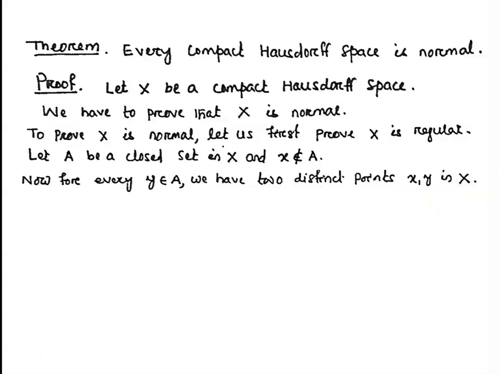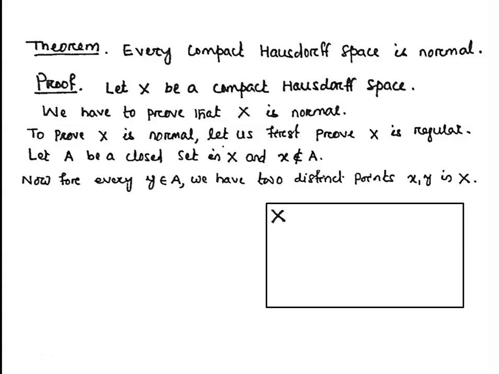So let us use the Hausdorffness condition. Here we have the topological space X. Here we have A, which is a closed subset of X. And here we have a point x which is outside A. We have taken y as a point in A. So x and y are two distinct points here.